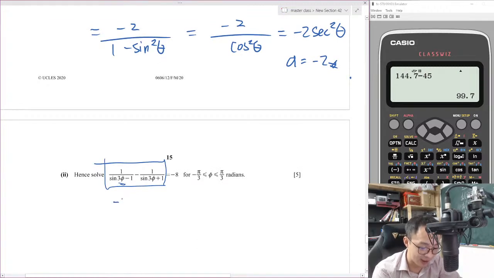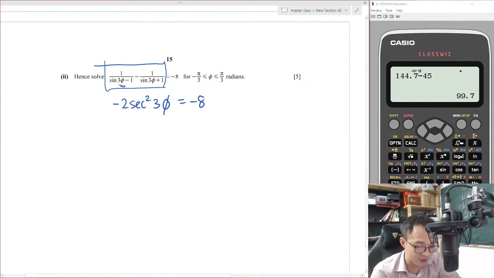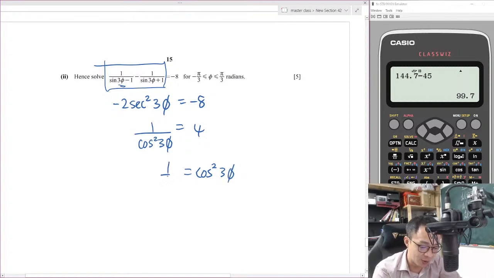So this one equals -2 secant square 3 theta. I will follow their sign here, equals -8. I'm not going to redo the whole question, so we start from here. First thing is I move the -2 to the other side, giving me 4. Secant square equals 1 over cos square, so cos square 3 theta is equal to 1 over 4.